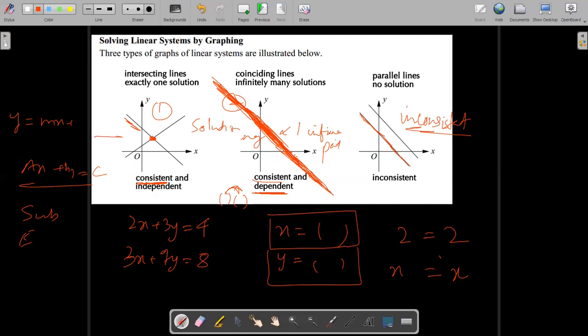But in the first case, these two lines have their own identity. One has one slope, another has a different slope, and they go in their own direction and just meet at one point. That's okay for them, but they don't want to stay at that point, they move on.